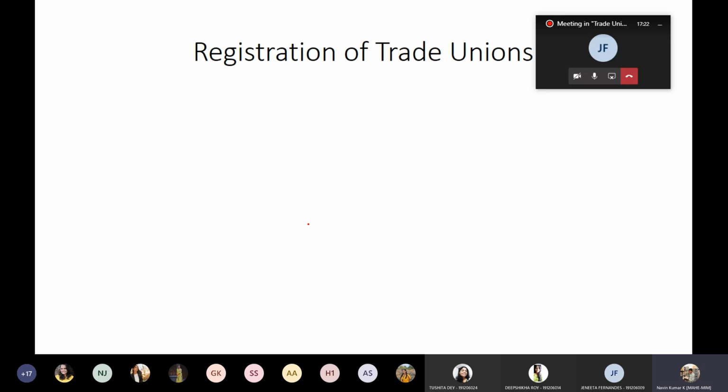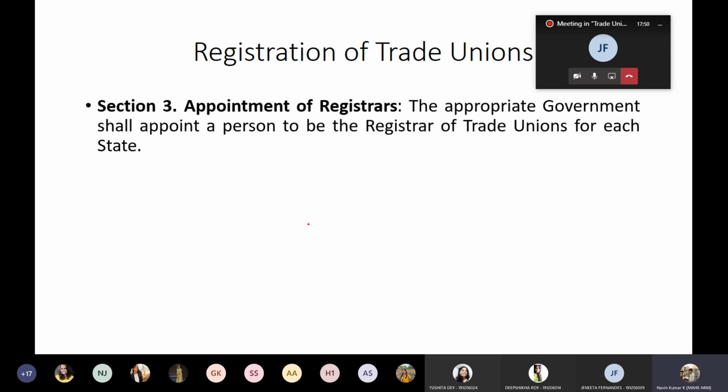Or suppose you want to register the union under the Trade Union Act of 1926, you should know exactly the formality, the process, how to register, and how to approach the registrar for registration of the trade union. So it is very, very important to know the fundamentals of registration of trade unions.